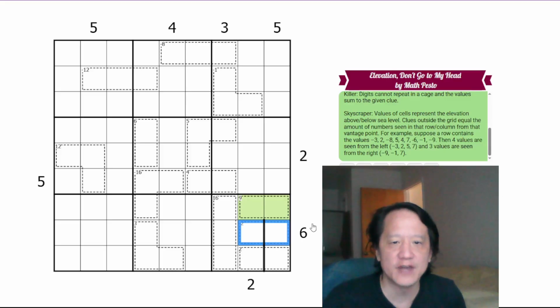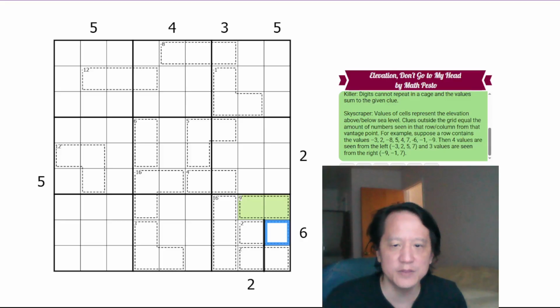Oh, and if that's the case, these both cannot be negative here. If these are negative, then they will not orthogonally connect to the rest of the water cells. So these both have to be water, which makes these both positive. Right?